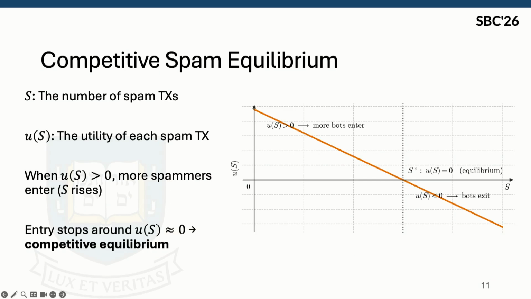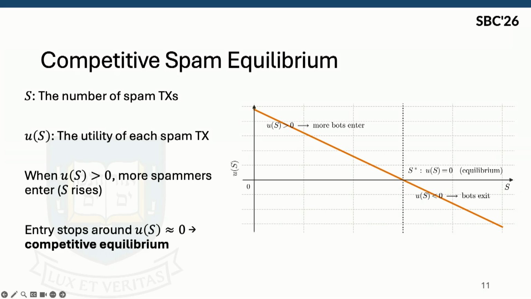Now we are trying to understand how spam transactions will behave. I'm going to introduce what we call the competitive spam equilibrium, which means that spam transactions will enter the blockchain until the utility of each spam transaction is approximately 0. Let S denote the number of spam transactions, and U(S) denote the utility of each spam transaction.